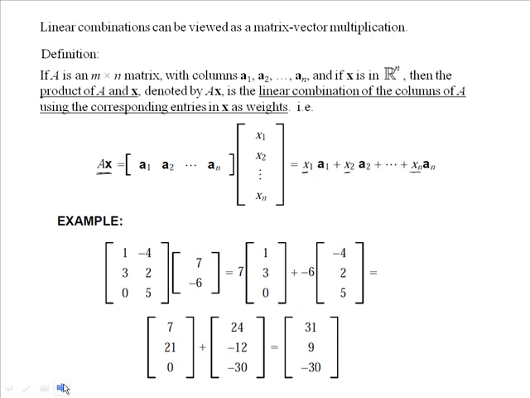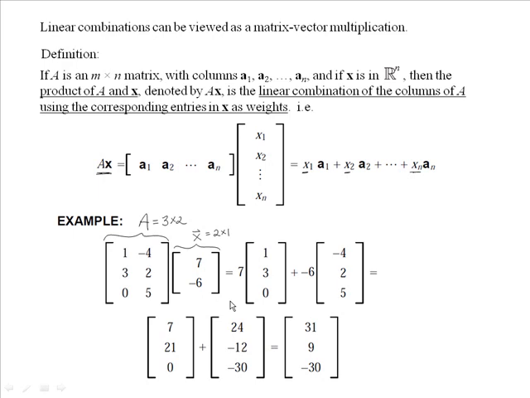And now we can see it laid out. Right here is my matrix A, and it's a 3 by 2 matrix. And then here is my vector X, and its size would be a 2 by 1, so it would be in R2 space since it has 2 entries.